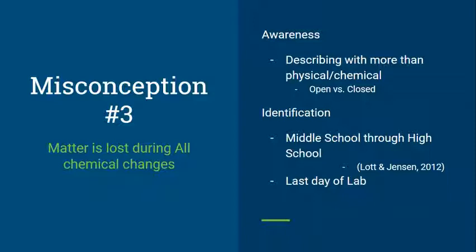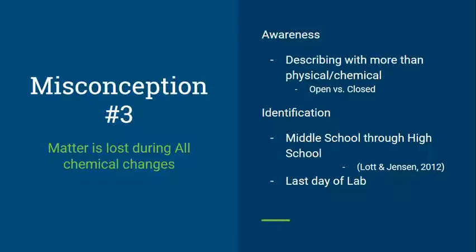And so the awareness of this is describing a change that they're going to do in the lab with more than just calling it a physical or a chemical change. There's more ways to describe a reaction. And by this point, if we're on like day 3 or towards the end of the week, I'll start introducing this idea of like an open system versus a closed system.